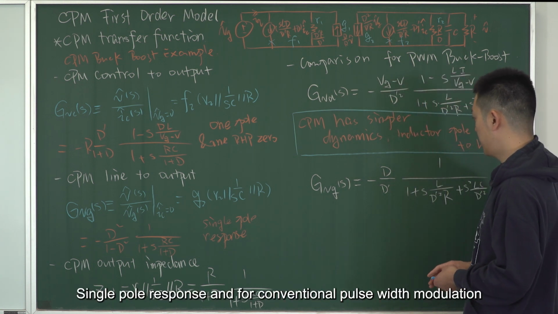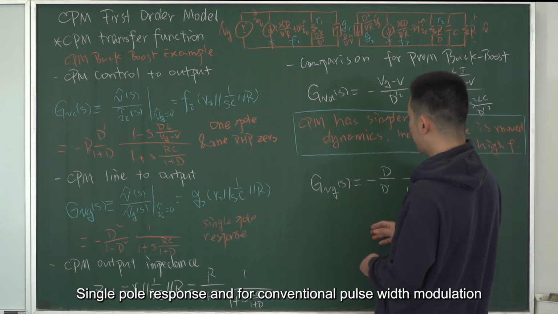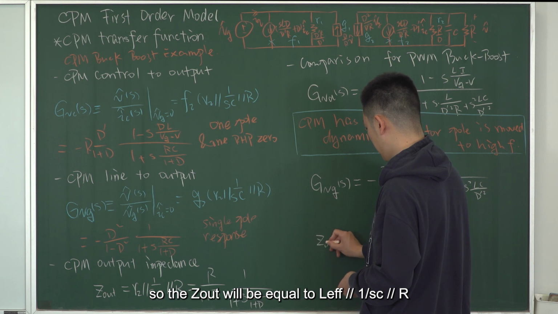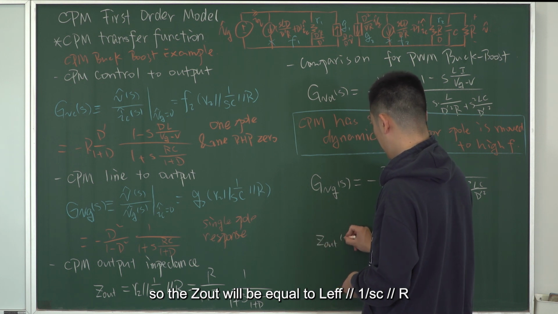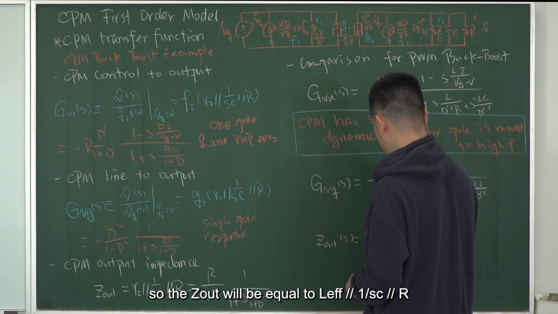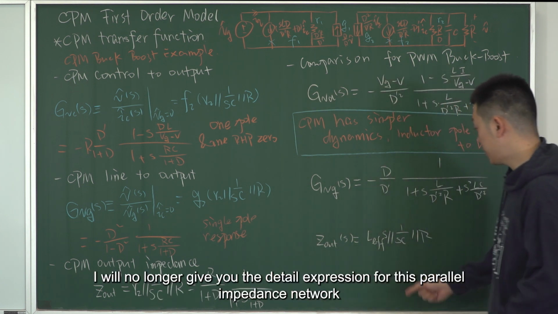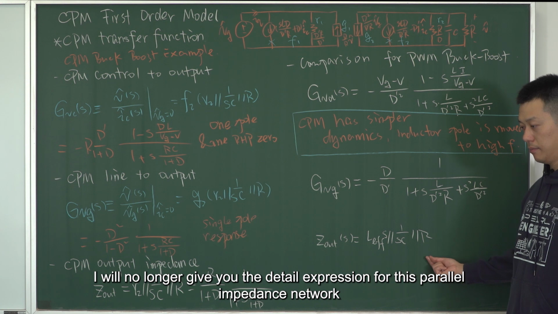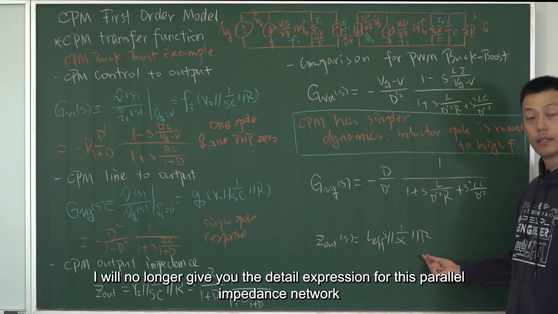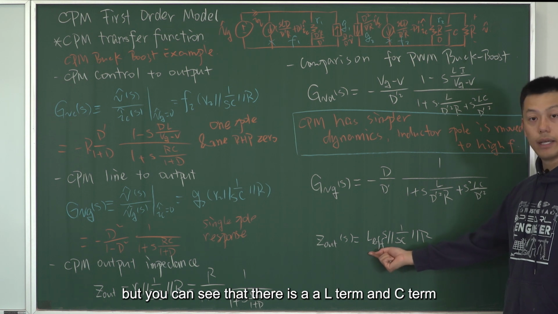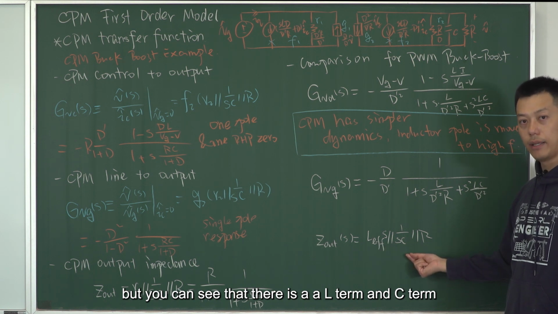For conventional pulse width modulated, the output impedance will be equal to the L effective parallel with 1 over SC parallel with R. I will no longer give you the detailed expression for this parallel impedance network, but you can see that there is an L term and a C term.